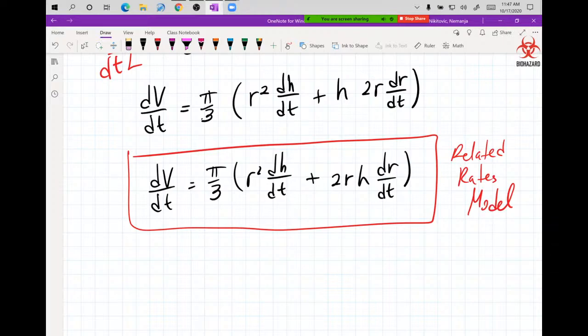You can measure the height of the cone, you can measure how wide it is, and so on. So all of that stuff is easy, not a problem. But what I need is to get rid of this dr/dt, because generally we don't care about that.